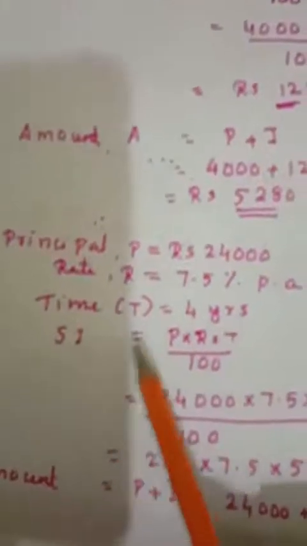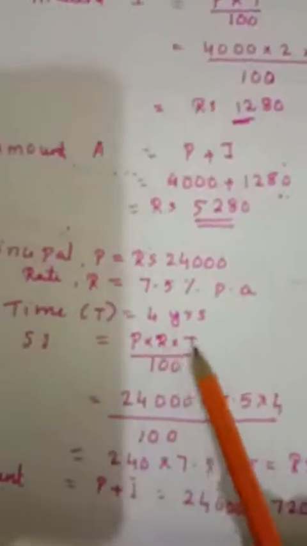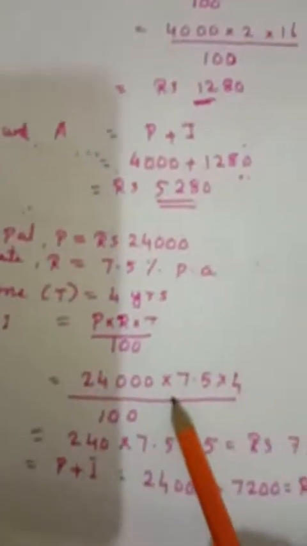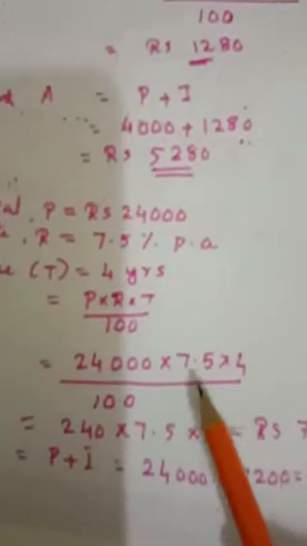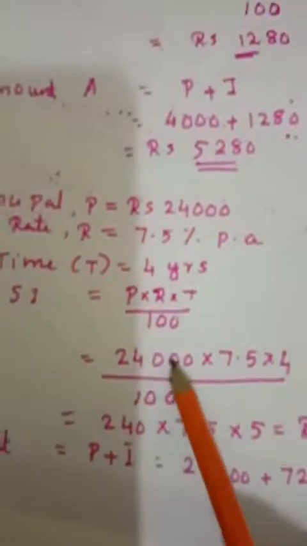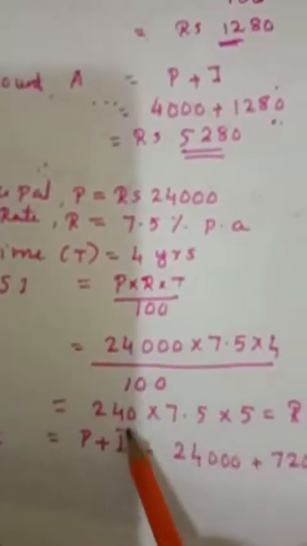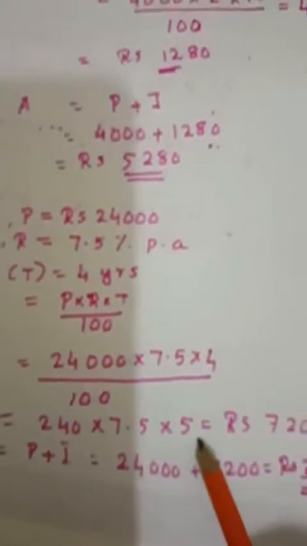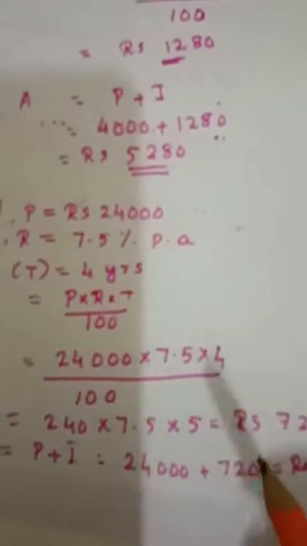So simple interest using formula PRT by 100. So 24,000 into 7.5 into 4 by 100. The zeros get cancelled. 240 into 7.5 into 4. Okay, not 5, 4.